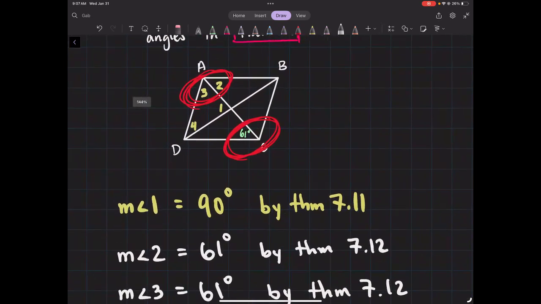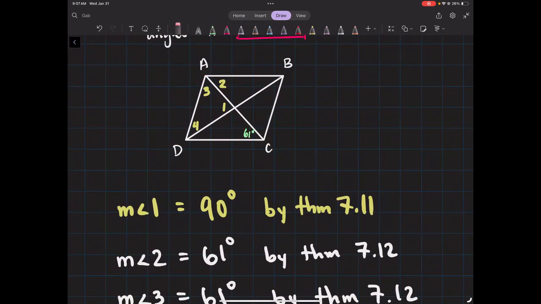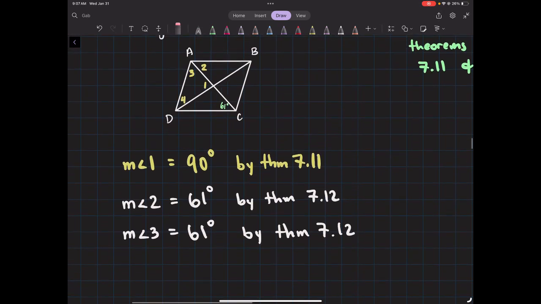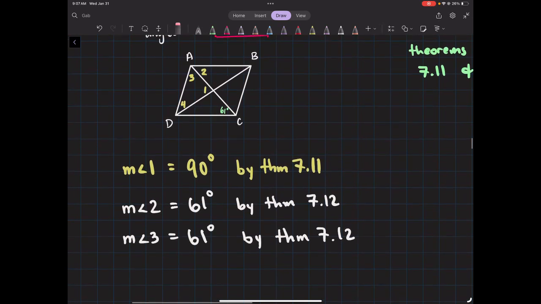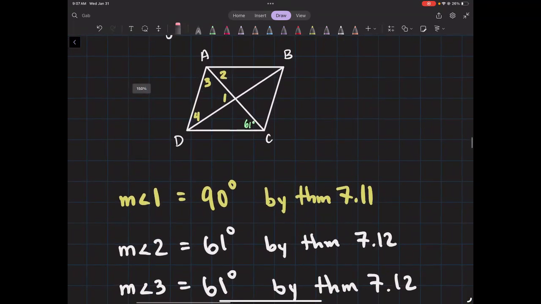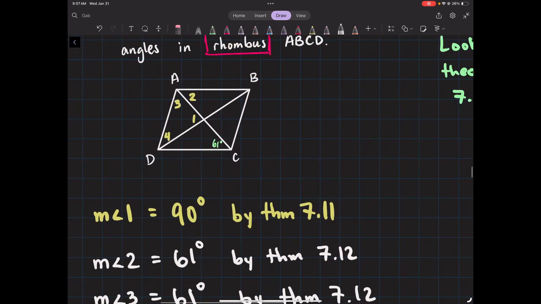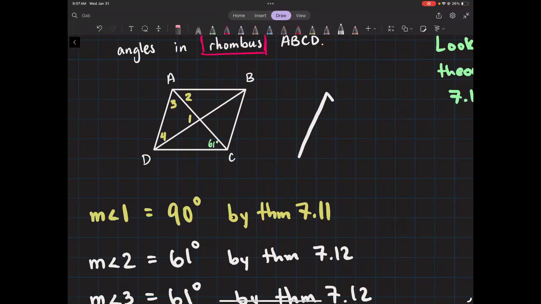Okay, so there's that. Then lastly, we got to go look at measure angle 4. Measure angle 4 is going to be a little bit different in the way we find it, because if you take a look, there's nothing here for me to reference or copy because there's no angles given over there. So we have to use what we know about a triangle. Because if I draw it right here, I'm just gonna separate that one piece.